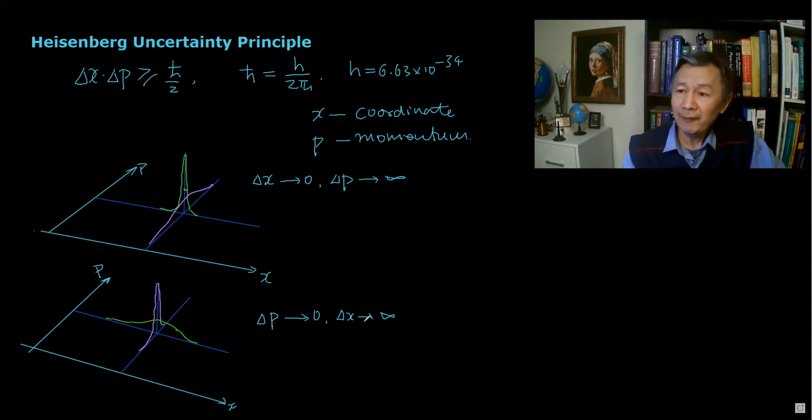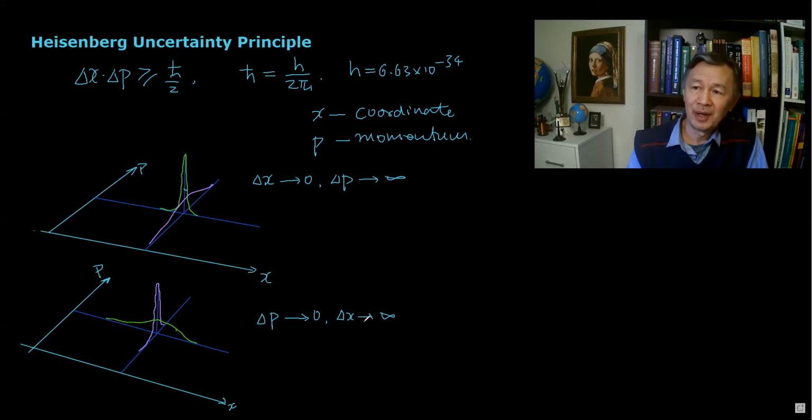Actually, you don't have to use two variables to describe the motion of a particle. Furthermore, it is forbidden to use both coordinate and momentum to describe the motion of a particle in quantum mechanics, such as an electron inside an atom.